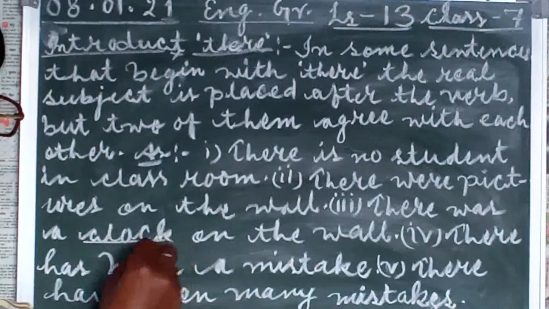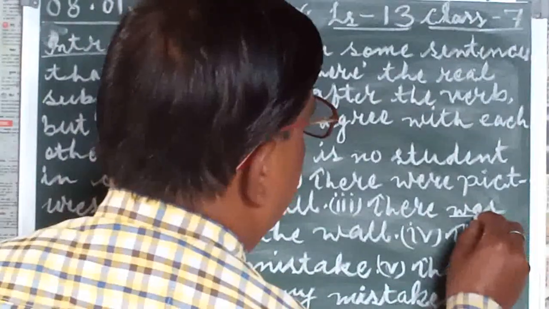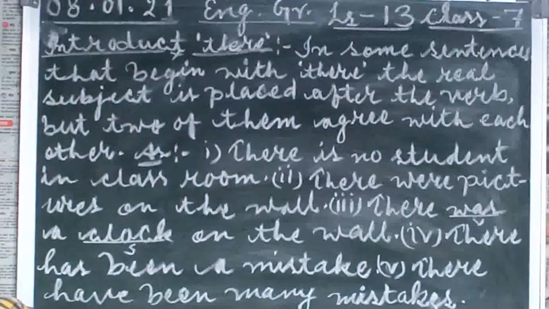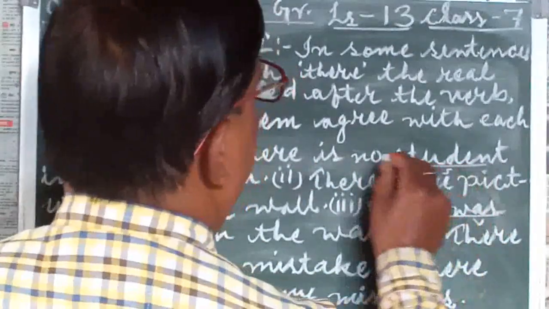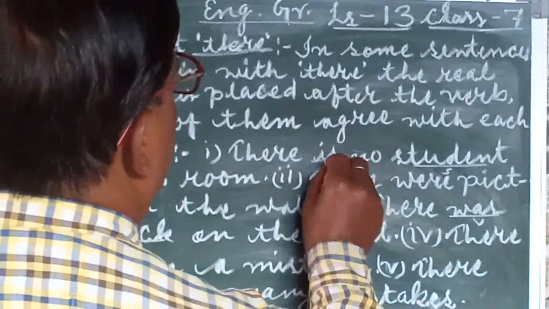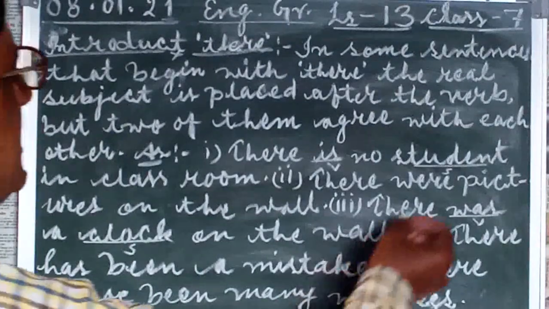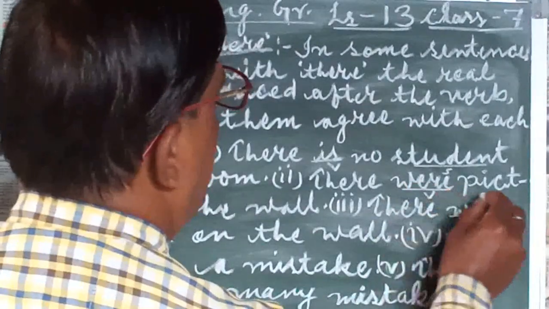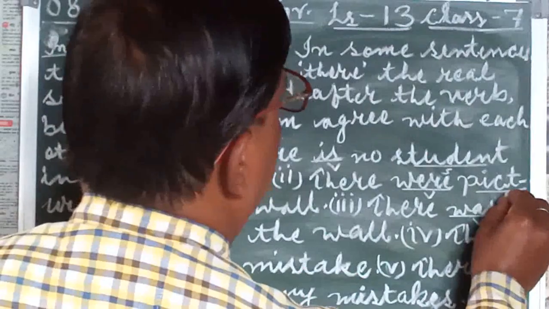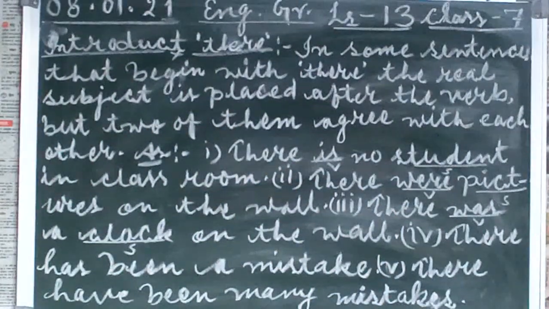This subject agrees with the verb "was". We can mark here the subject and the verb. In the second example also, "were" is the verb and "pictures" is the subject, but both are in agreement.